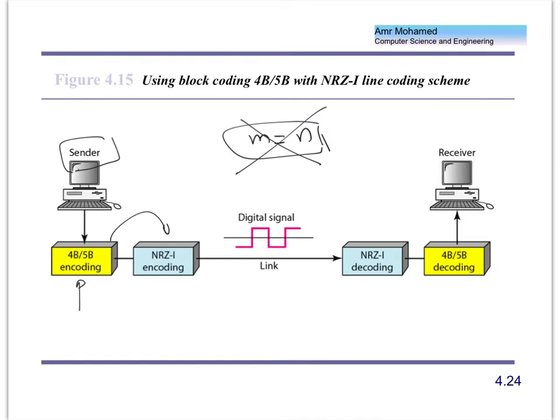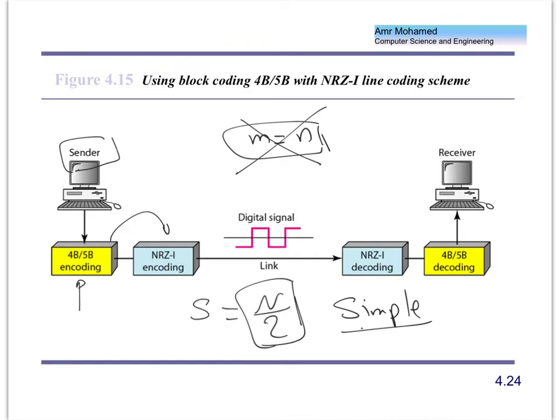And then apply non-return to zero line coding, as we normally did before. The non-return to zero line coding, as we said before, has some advantages. If you remember, the bandwidth or the signal rate was actually n/2, which is the limit. So the bandwidth is low and it's simple.